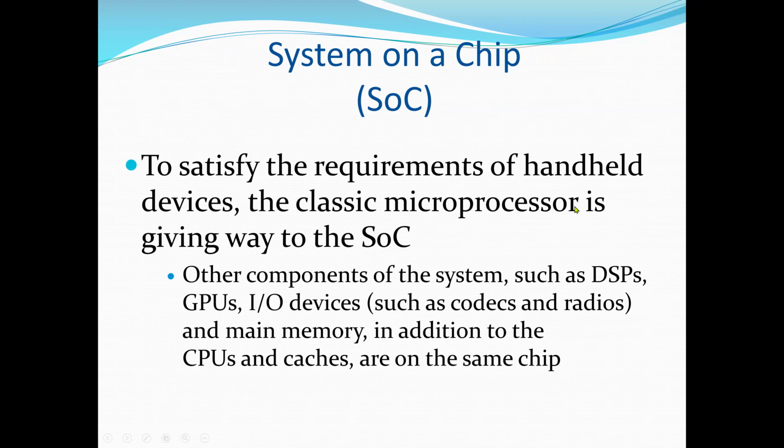To satisfy the requirement of handheld devices, the classic microprocessor is giving way to the system on a chip, where not just the CPU and caches are on the same chip, but also many of the other components of the system, such as the DSPs or GPUs, that's the graphical processing units, the input and output devices, and the main memory.